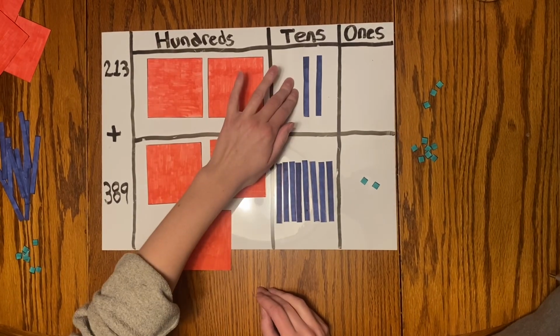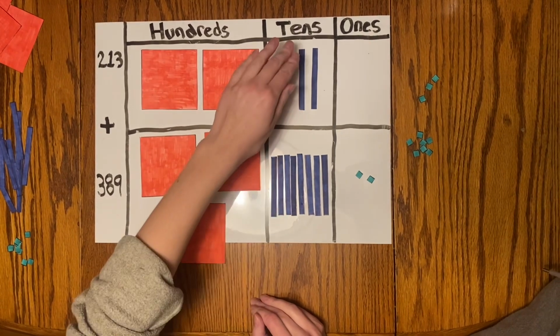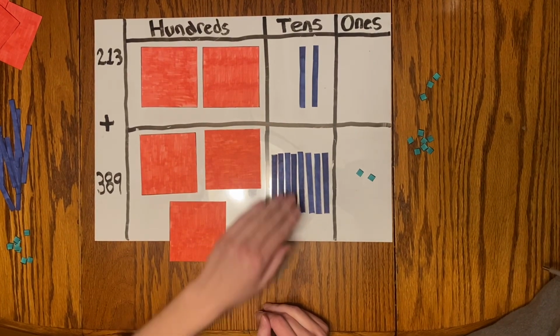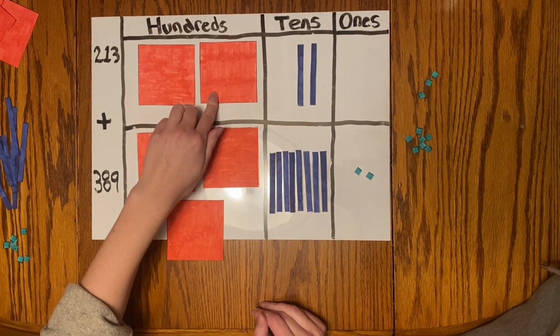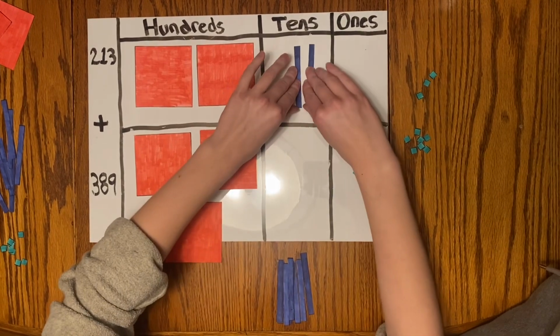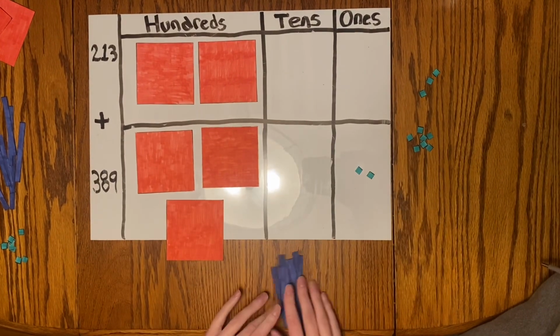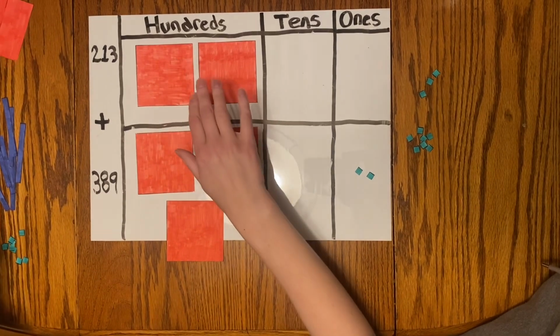So we have 2 plus 8, we have 10 of the rods of 10. So 10 of the rods of 10 we know is equal to 1 of the hundreds. So I can actually trade all of my tens place for exactly 1 more of the hundreds.